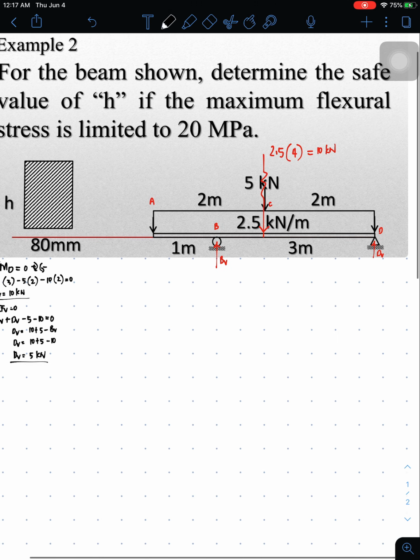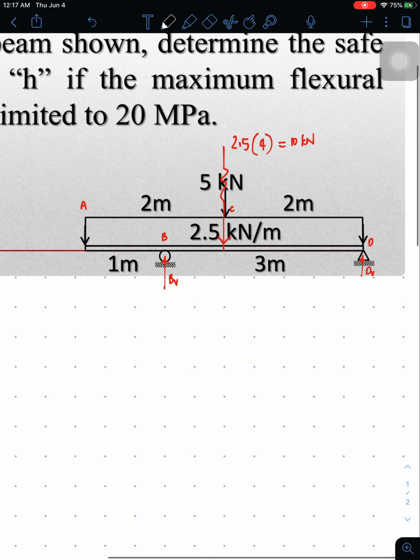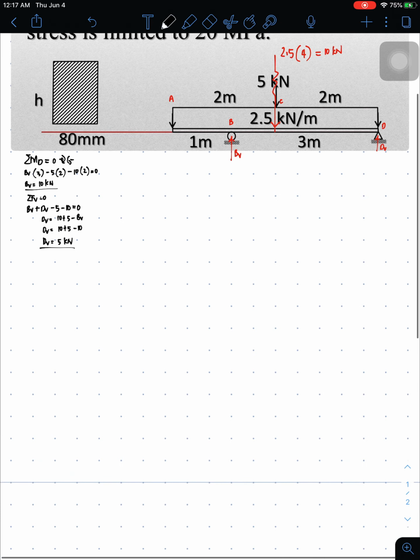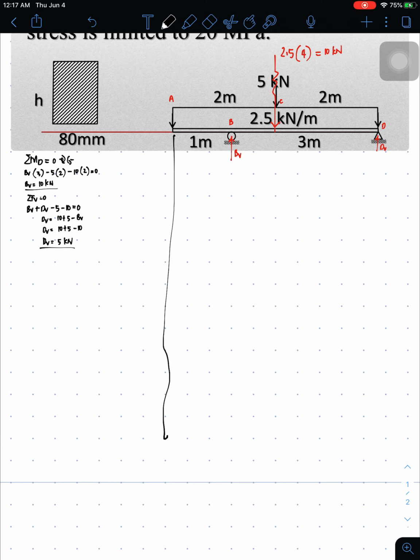Now we're gonna draw the shear and moment. And do not forget to drop down a line. This is for letter A. And then this is for letter B. This is for letter C. And also for letter D here.